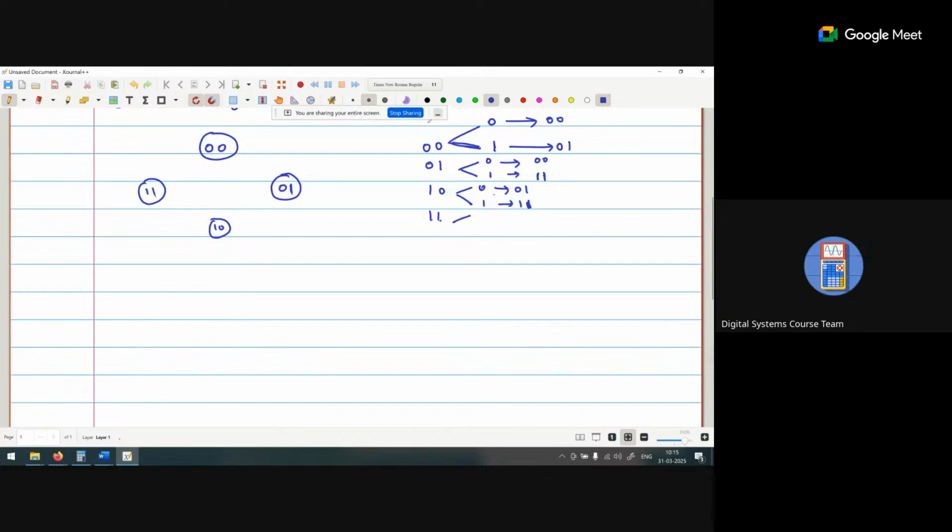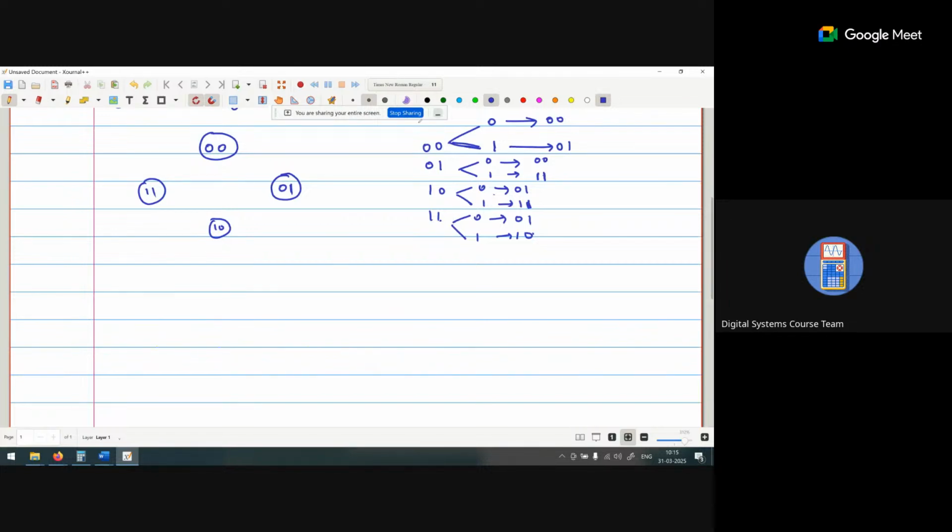At 11, when it is 0, it will go to 01. For example, in this way I just define. Now can I draw that?